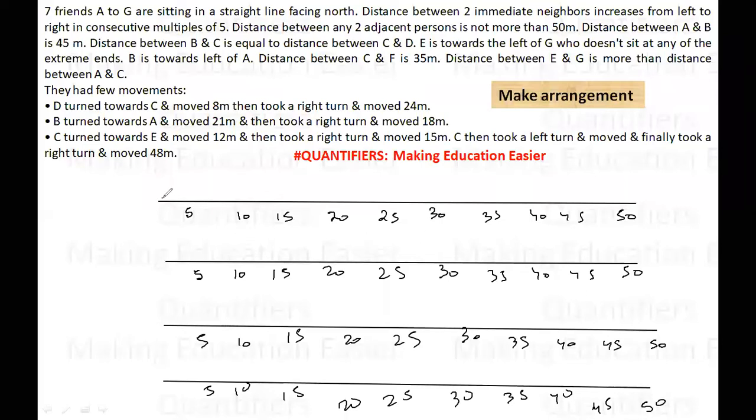Okay, so if one person is sitting here, other is sitting here, the distance between them will be 5. So this is what I have to understand.